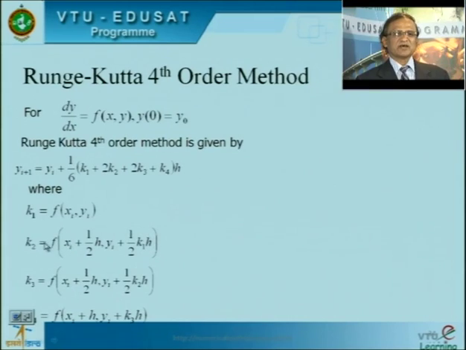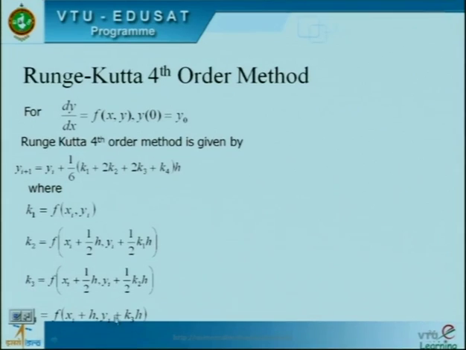By using this formula we can calculate k2, and similarly you can calculate k3: k3 = f(x_i + h/2, y_i + k2 h/2). Similarly, for k4: k4 = f(x_i + h, y_i + k3 h). Using this formula I can calculate k4.